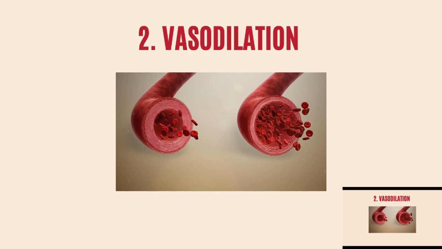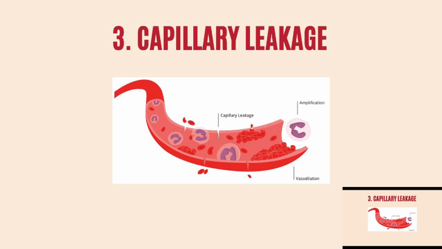The blood now has more space to move around, and it's not bumping into things as much as it used to because of this increased space. So you've got a decrease in resistance and also a decrease in blood pressure. This means that your blood starts to slow down.